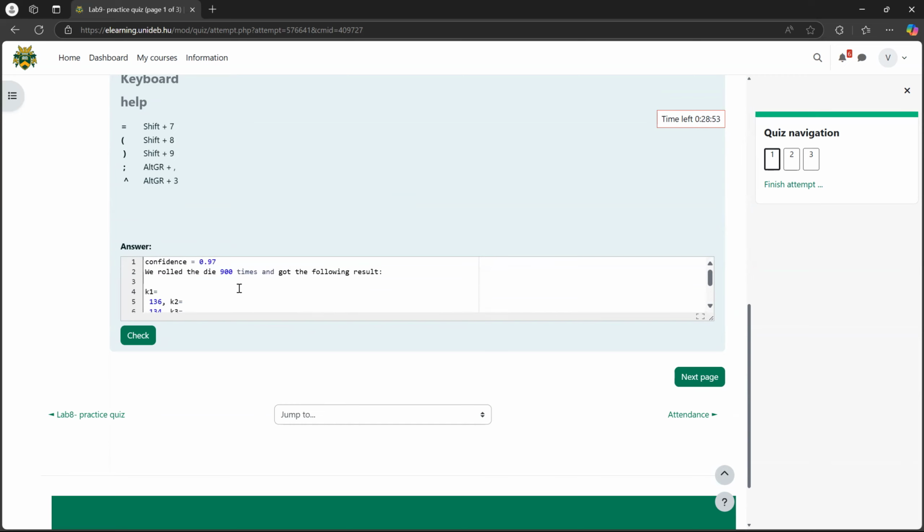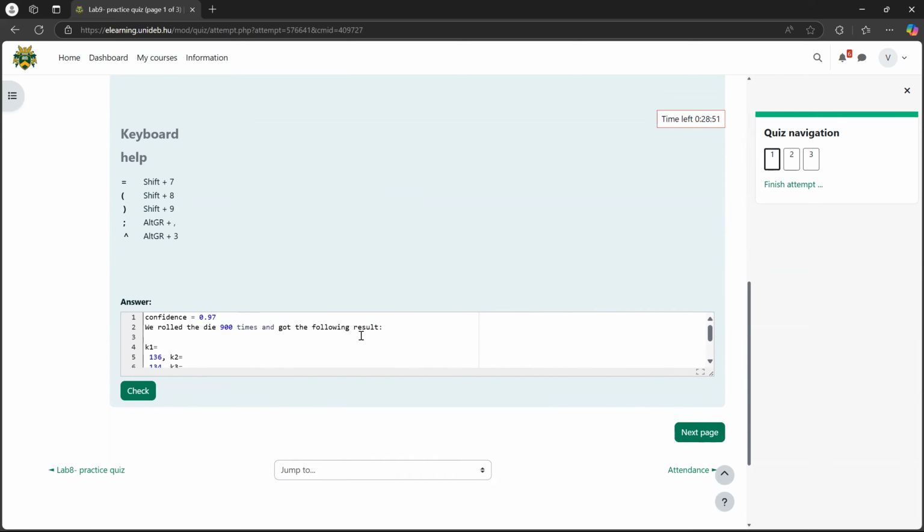We roll it 900 times. Let me just write it here. I need 900 times, so I can delete this line. And this is the actual frequency. Pasting it is a pain right now, but the professor said that he's working on making it easier.